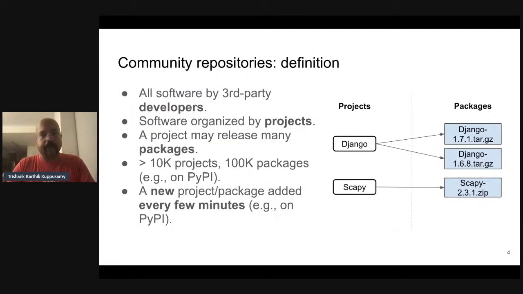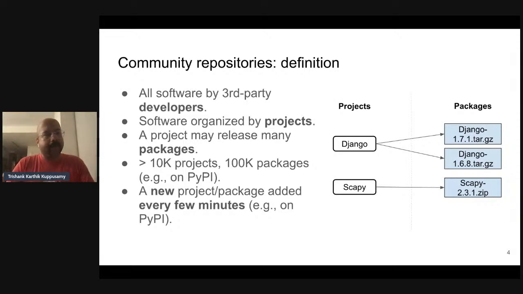So what defines community repositories? What I mean when I say community repositories are basically file servers where all the software is contributed by third-party developers, like many of us in the room, I'm sure. And the software are organized by projects. So you've got projects like Django, Scapy, heck, even TUF is one of them.